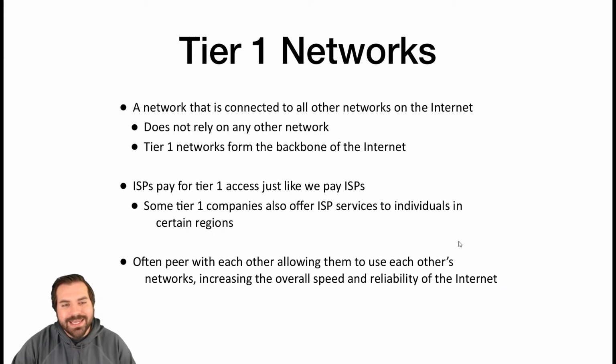But they don't really go into the cities. The ISP is going to plug into one of these tier 1 networks, and then the ISP is going to go house to house and solve that last mile problem. The tier 1 network is worried about connecting those cities together. So just like we pay the ISPs for internet service, the ISPs are paying the tier 1 companies for access to the internet.